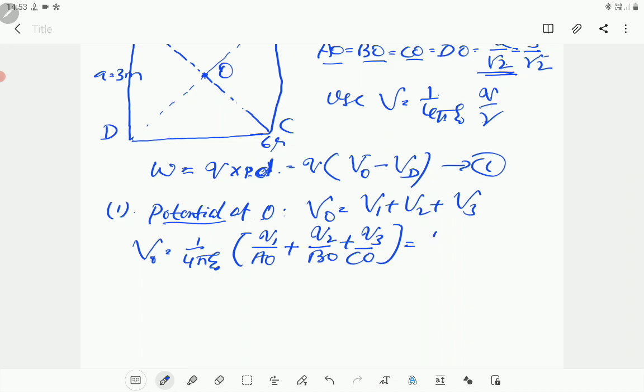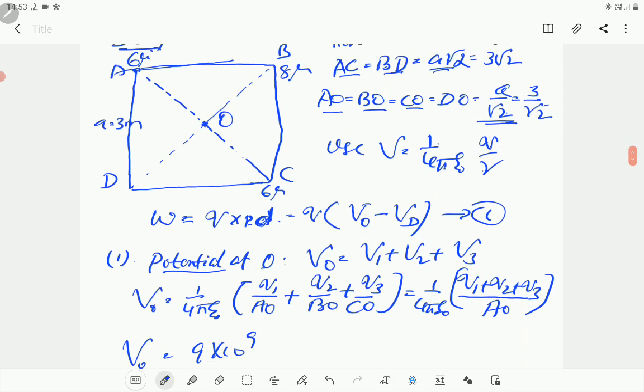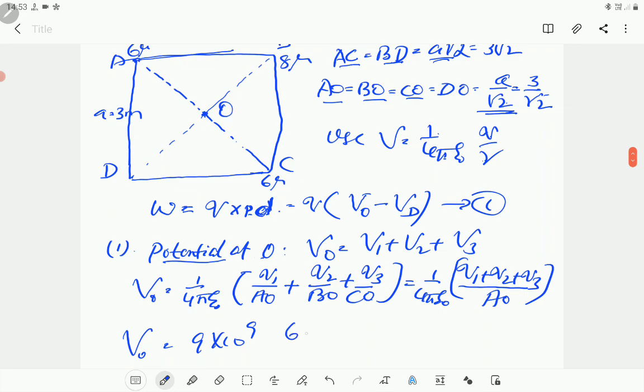Therefore VO equals 1/4πε0 times Q1 plus Q2 plus Q3 whole divided by AO, because BO and CO are also AO. So put the values. 9 times 10 to the power 9. The charges, the value of first charge 6 plus 8 plus 6.